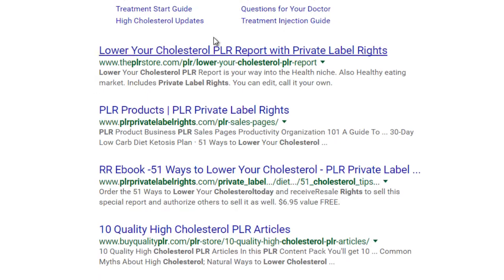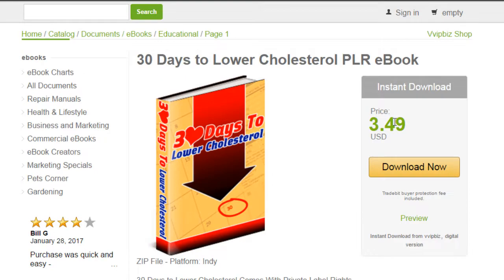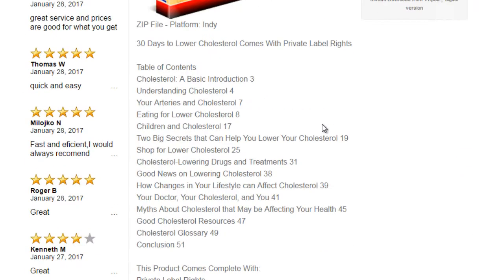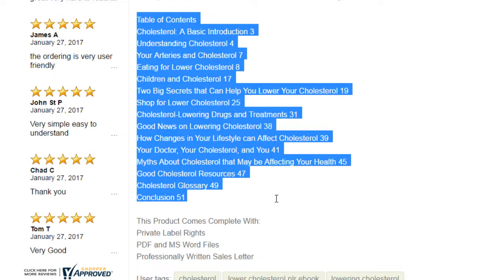So you're going to see PLR or private label rights. You can do a search for PLR as well. Same thing, same acronym. And you can see that this is $3.49. It's 30 Days to Lower Cholesterol, PLR ebook. And you want to make sure that you see what's inside the ebook. Now, I can't say for everything.